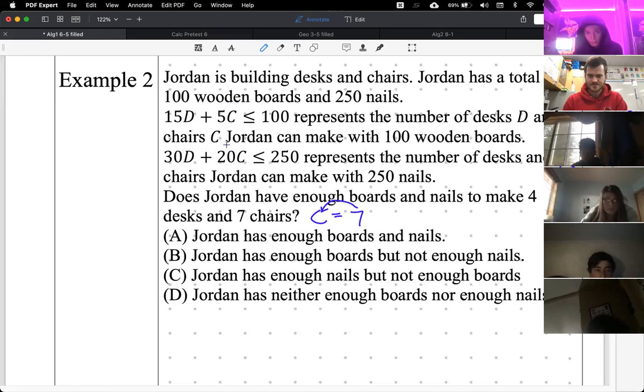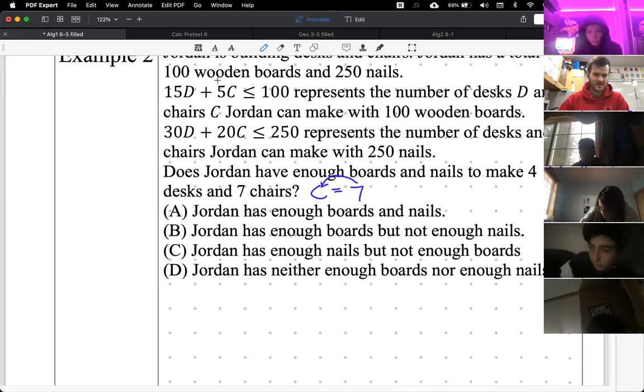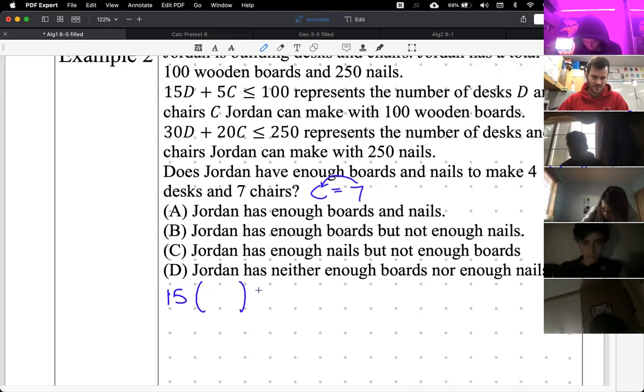All right, so let's start plugging into our first inequality. I'm going to rewrite this left-hand side, but in the space of these variables, I'm going to leave some empty parentheses. So I'm going to write out 15 and then parentheses, that's where our D would go, plus 5, and this is where our C is going to go, is less than or equal to 100.